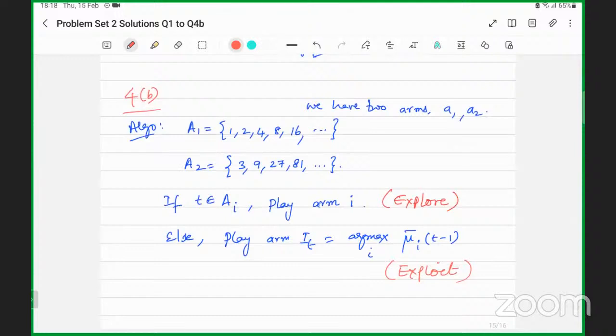We are saying that whenever the time is a power of 2, we'll play the first arm. Whenever the time is a power of 3, we'll play the second arm. Remaining times we play whichever arm has the highest sample average, deterministically.